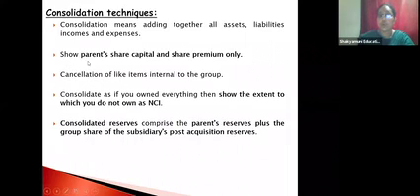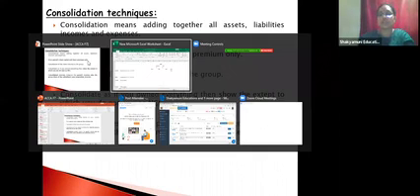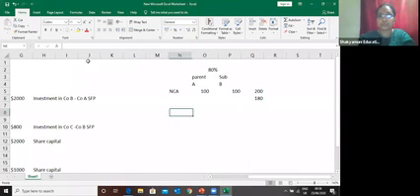Next, show the parent's share capital and share premium only. This is also very important, and I will give an example.